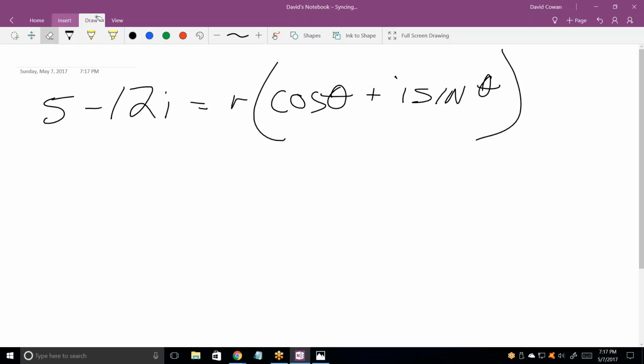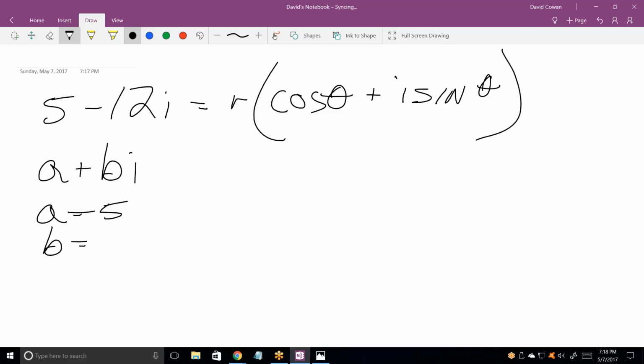Now, what is R? Let's go back and talk about this complex number. The standard form of a complex number is A plus BI. So in this situation, A equals 5, B equals negative 12, correct?